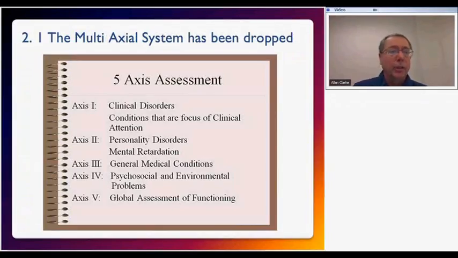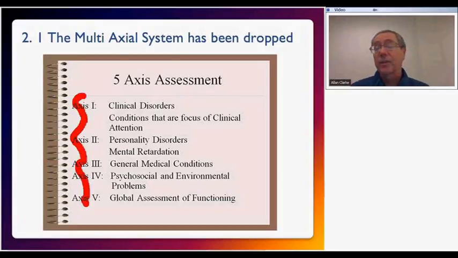Okay, two. Now, I think as most people know, within the DSM, they've dropped the 5-axis way of organizing the diagnosis. So we no longer have this 5-axis system. So instead, when you put down a diagnosis, you will put down just each of the diagnoses, and you can put them down in sequence or in order of their importance.